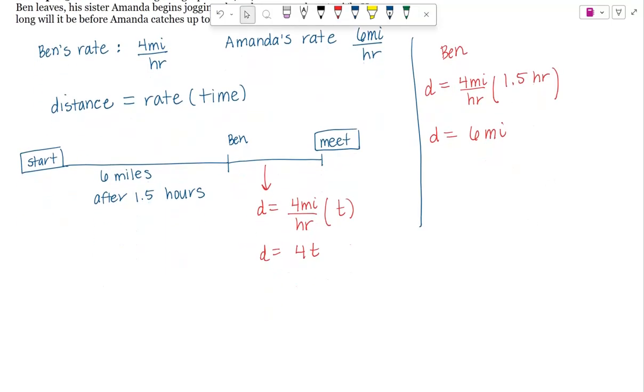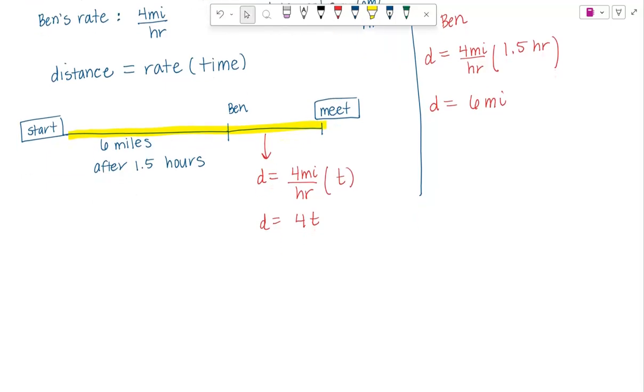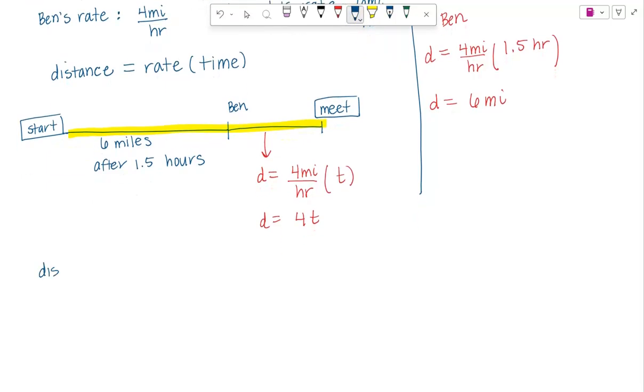Okay, so now that means that the total distance until they meet each other is going to be 6 plus 4t. 6 miles is the first portion, and then 4 times t is the second portion.